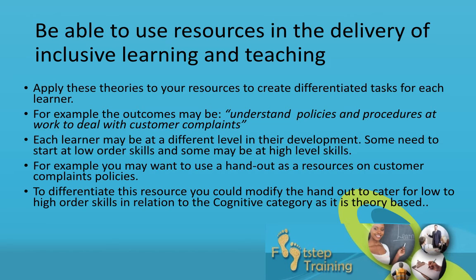Whereas for people perhaps with low order skills at that point, you give them perhaps a bit more of a complete policy and you ask them to answer questions about it so that you get them to understand it first. The other group who are filling in the gaps of the missing bits already understand it, but you're testing their knowledge that they do really understand it, but they are coming from a place where they know a little bit more about it. So you get a sense of how you can certainly differentiate a simple resource as a handout for different people at different stages within the group.